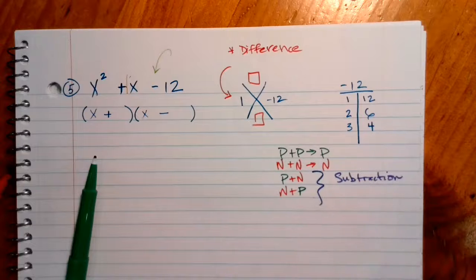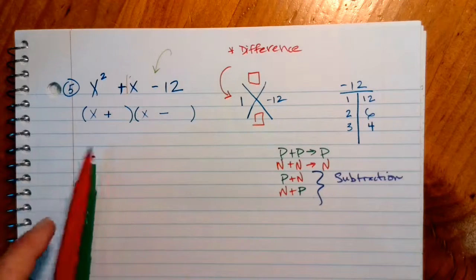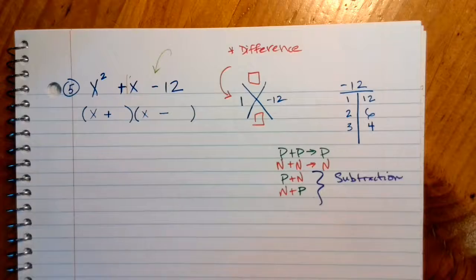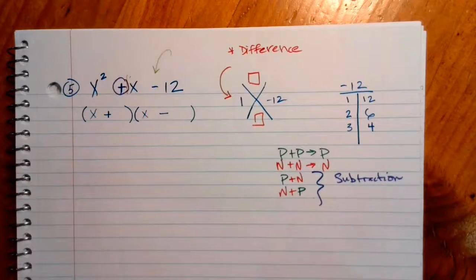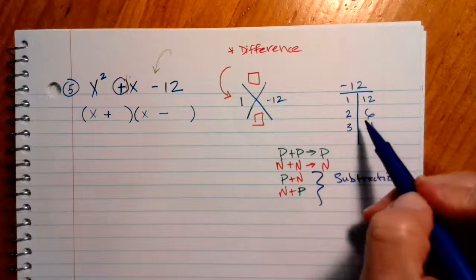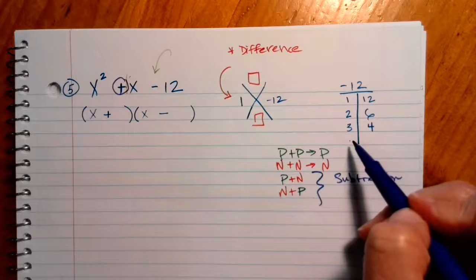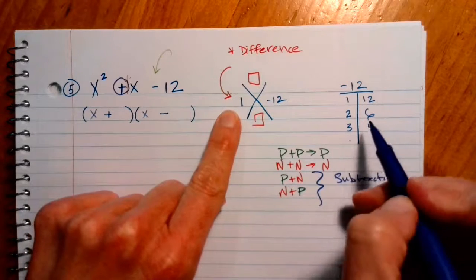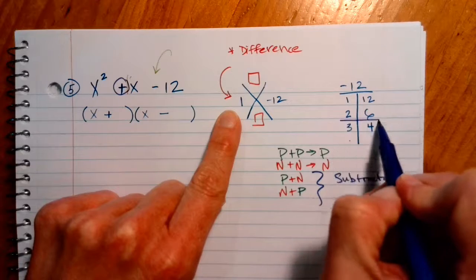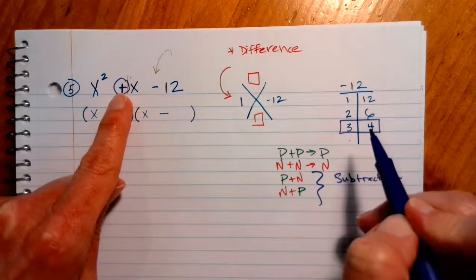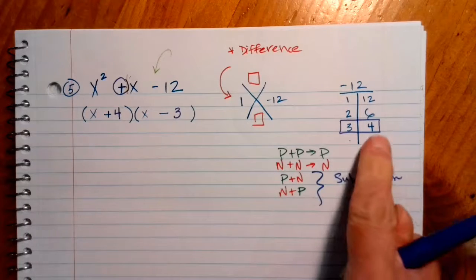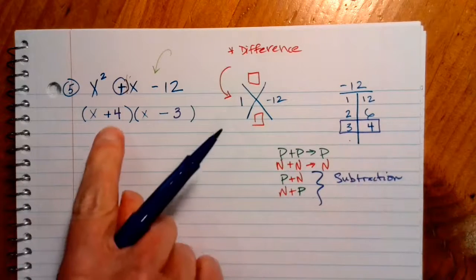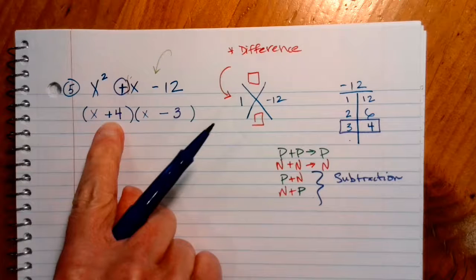And the sign of the greater absolute value is the one that carries. So whatever you have more of, that's your sign. This tells us I have more positives. So what I want to do is find two numbers here that have a difference of 1. And I want to make sure that because this is positive, I give more positives. I give that greater value the winning sign.